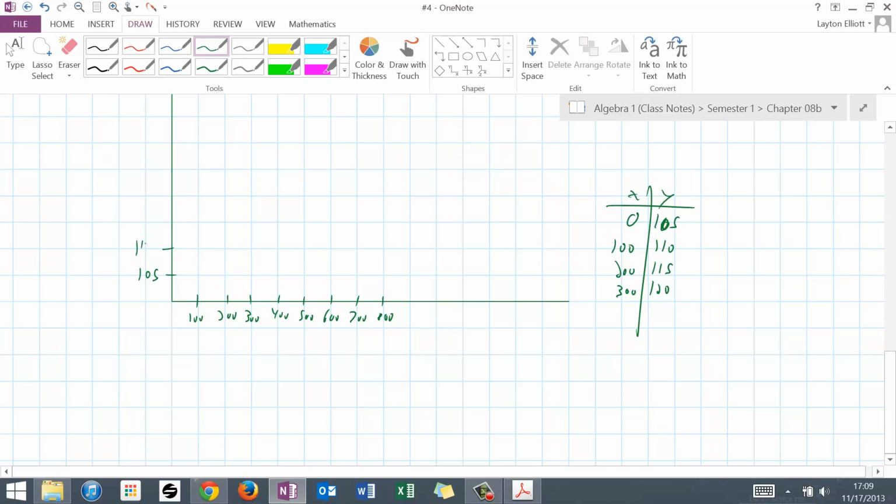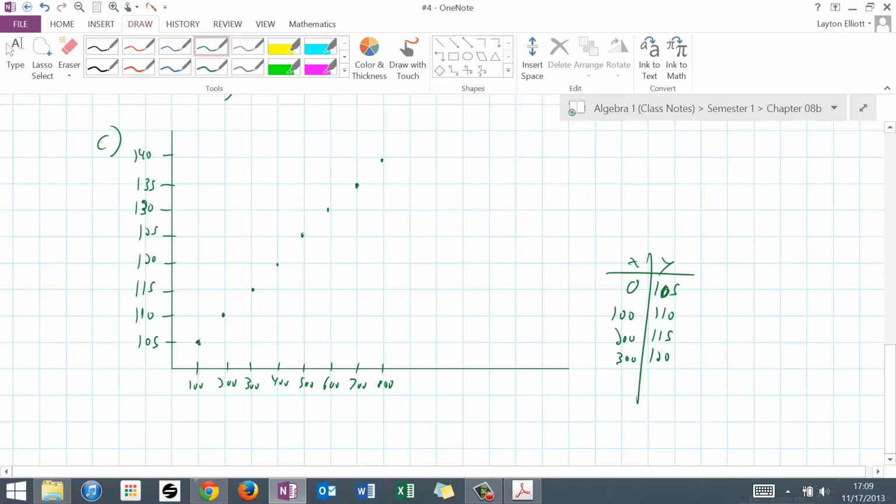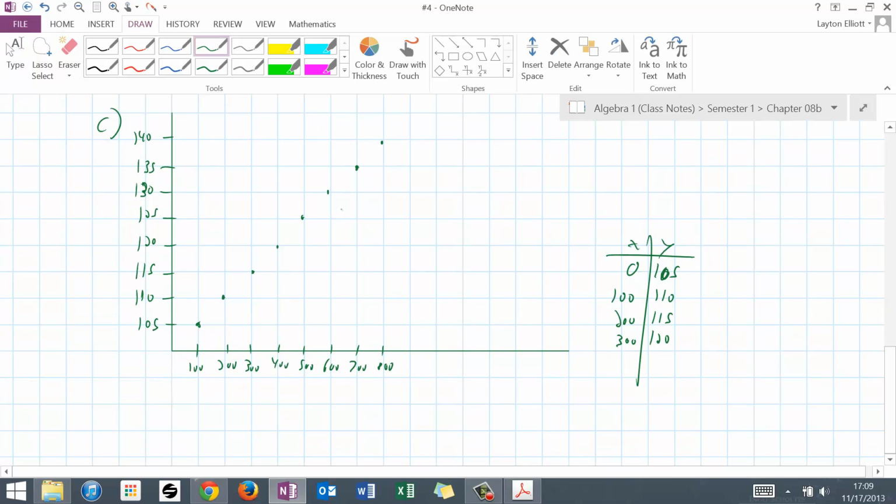So this is going to be 110, 115, 120, 125, 130, 135, and if I put points all the way out to 800, I should just barely reach 145. Then we connect those.